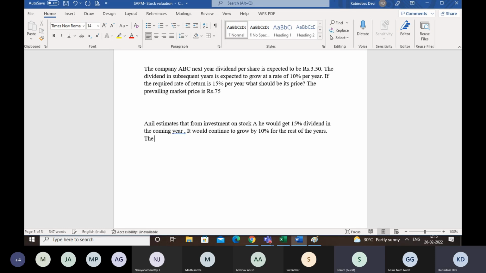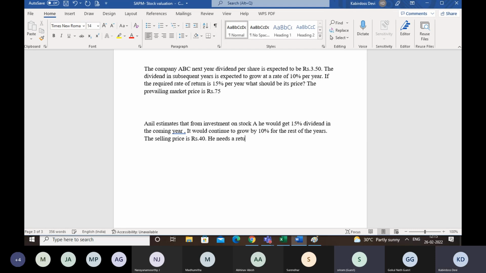So the selling price is currently rupees 40, and he needs a return.